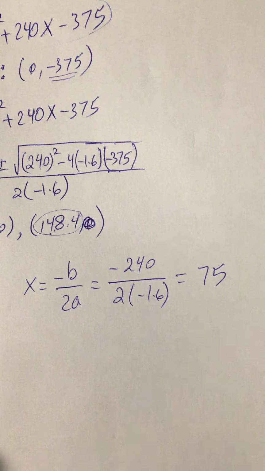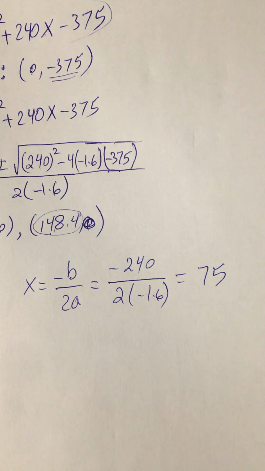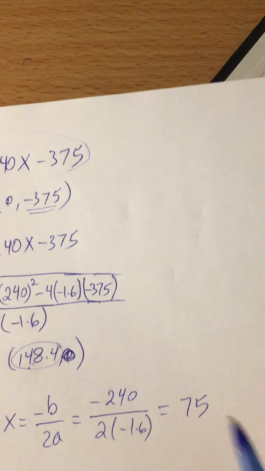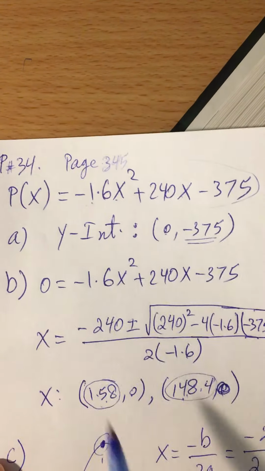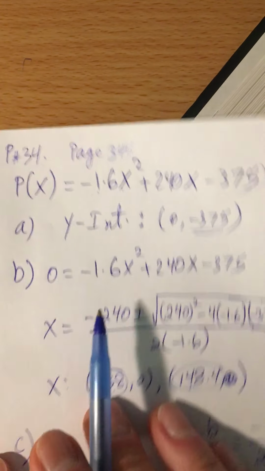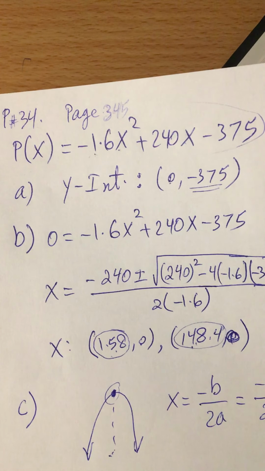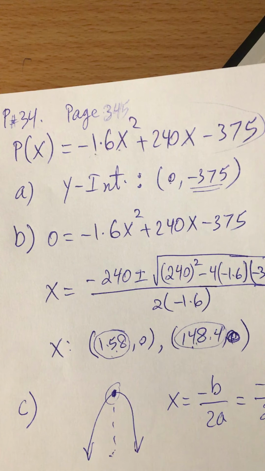So if you sell 75 clocks, you make the maximum profit. And then the last part is what is the maximum profit? So all you have to do is plug in 75 in place of X and evaluate the profit. Okay? All right, I think I'm going to stop right here and continue in the next video.